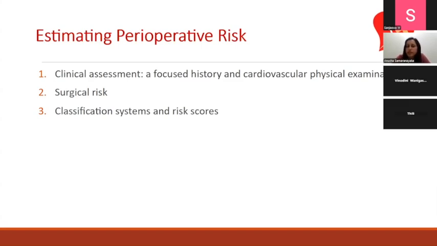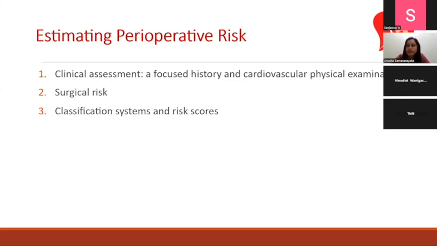The perioperative risk means, for a patient with underlying cardiac conditions coming for a non-cardiac surgery, who is already having some sort of cardiac impairment, and is going to undergo a surgery, the risk of developing perioperative major adverse cardiac events. In short, we say MACE.